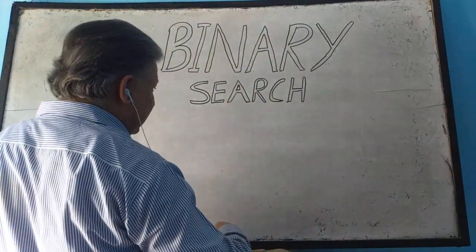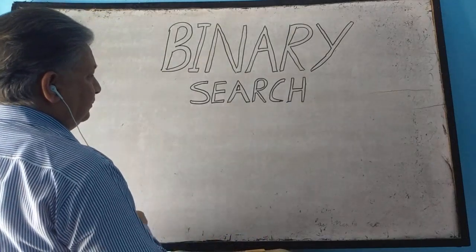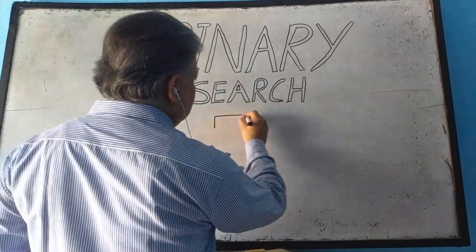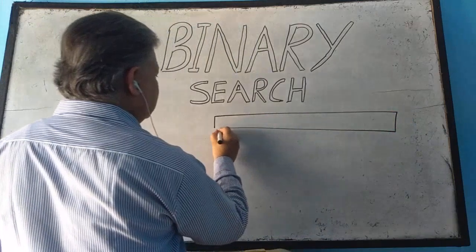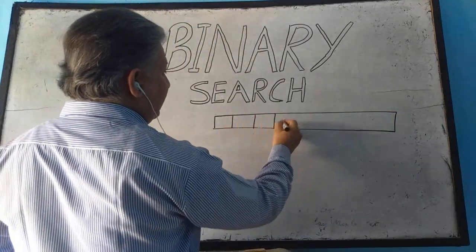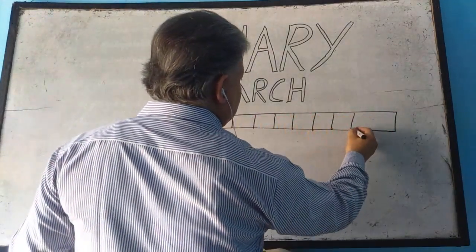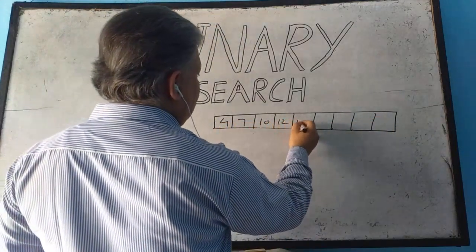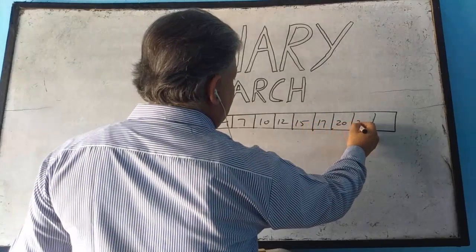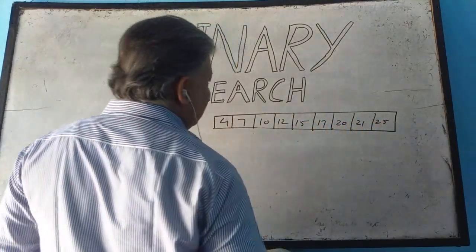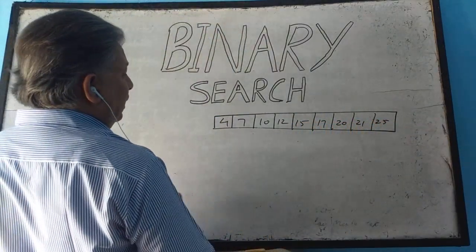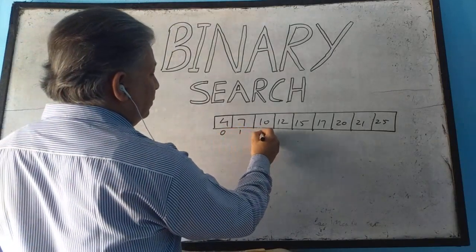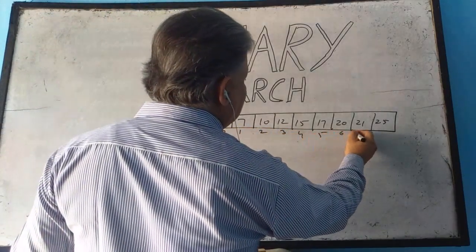We'll consider an array which is in ascending order. Now the index numbers 0, 1, 2, 3, 4, 5, 6, 7, 8.